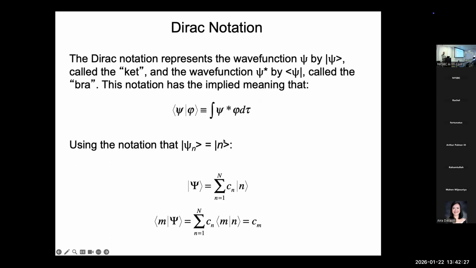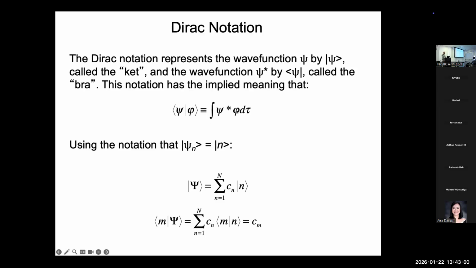He called this the ket. So for example, the wave function alpha, instead of writing psi alpha, I can just write bar alpha bracket. And then the complex conjugate is written the other direction, which he called the bra. So if you put them together, that's the bracket, and that means integrate.